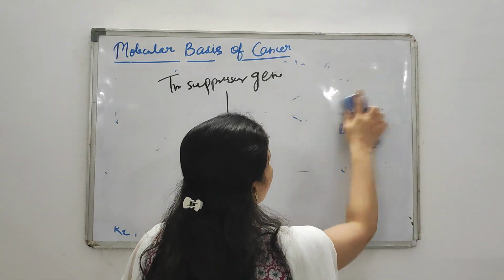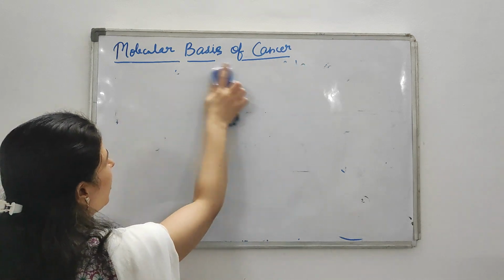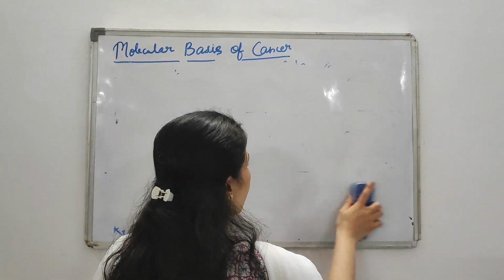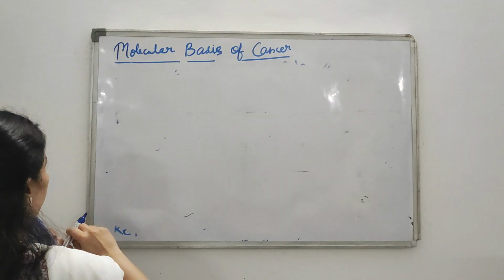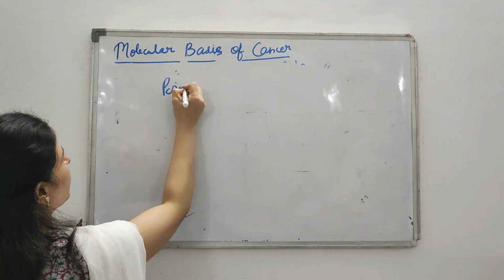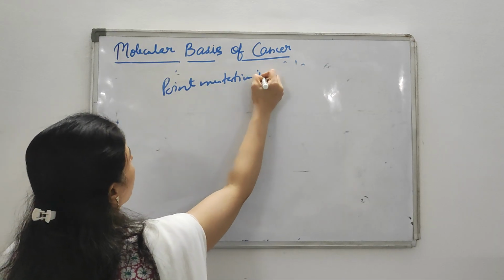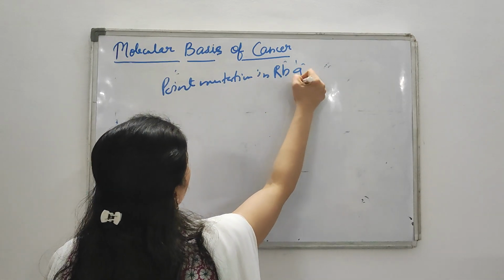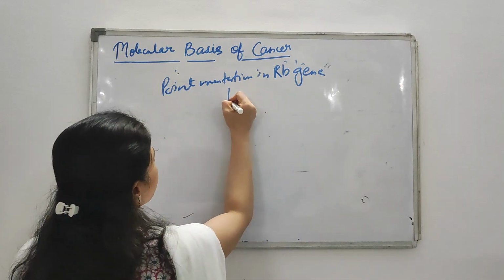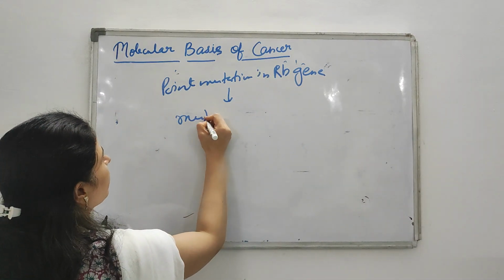Now, suppose a point mutation occurs in the RB gene. The normal RB gene comes in its mutated form. When a point mutation occurs in the RB gene, RB is in its mutated form.